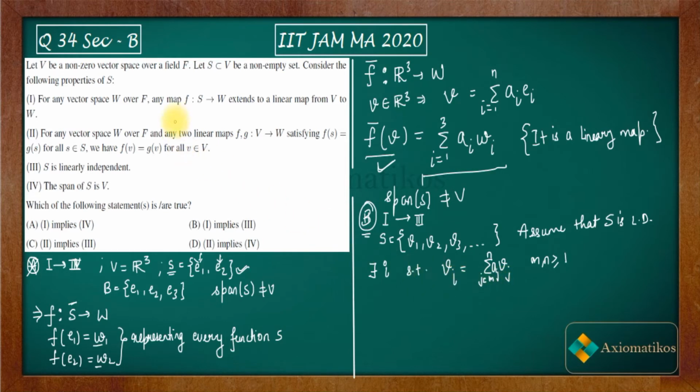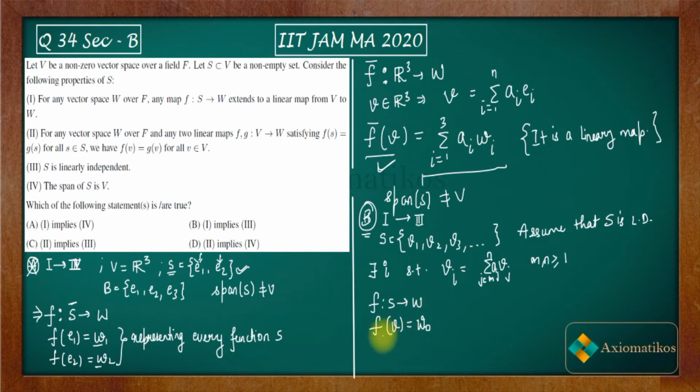Now first implies third actually means that you have to consider the first as a true statement. That means whatever function you choose over here, you can always extend it to a linear map. This is what your first statement is telling you. Now I am choosing a function f from S to W defined by a constant function, let us say W naught.